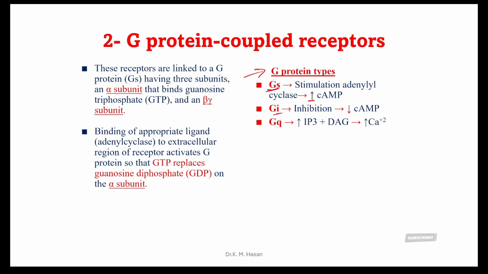This will inhibit the action of adenylyl cyclase and decrease the level of cyclic AMP. Then we have Gq. If you activate Gq, the result will be increased IP3 and DAG and lead to increased level of calcium. Someone may ask, what is IP3? IP3 stands for inositol triphosphate, and DAG stands for diacylglycerol.